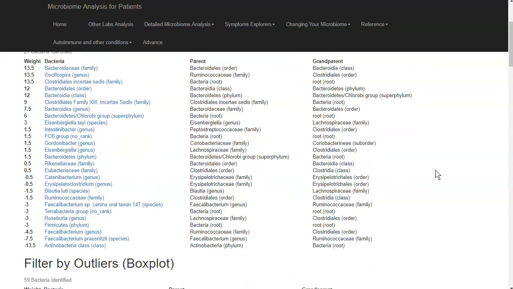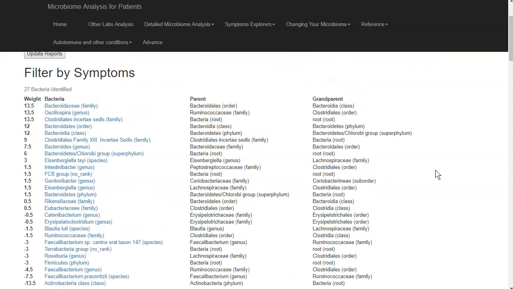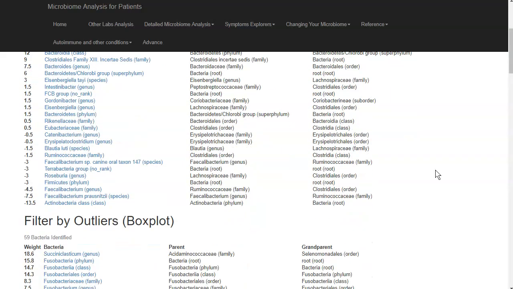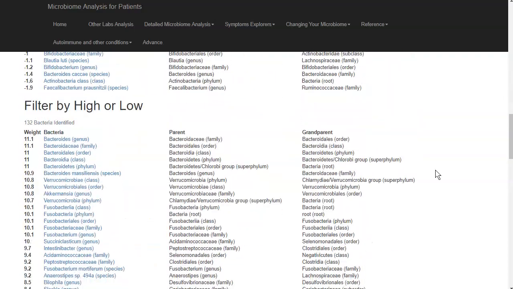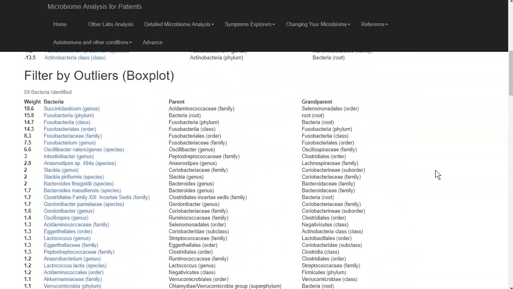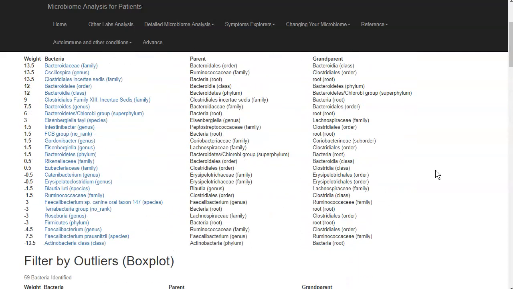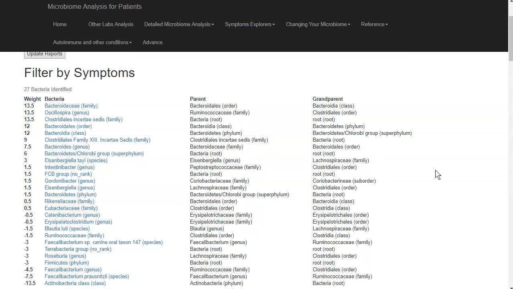So we basically have cut the number of bacteria we're going to try figuring out solutions for by 50%. And if you go further down, we see 132. So by using the symptoms, and if you're lucky, getting a symptom to bacteria match, you suddenly have a good idea of which bacteria is the source of your symptoms, which means probably the source of your condition.